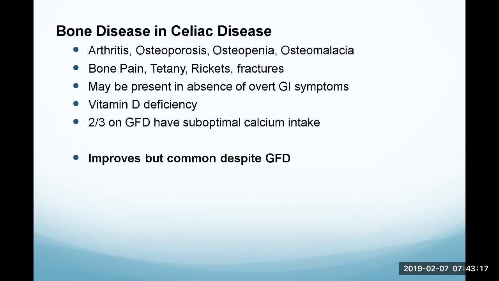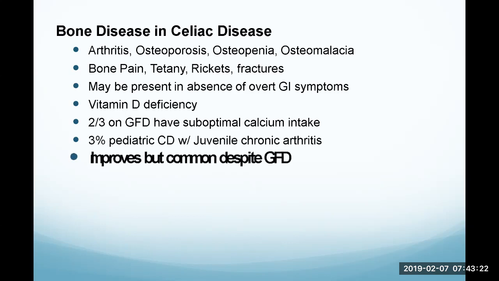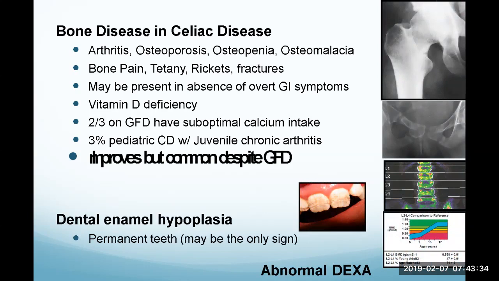Commonly secondary to vitamin D deficiency and suboptimal calcium intake, but we also should know that around 3% of these celiac disease patients have juvenile chronic arthritis. The majority of these bone issues improve, do not resolve, but improve with a gluten-free diet. Dental enamel hypoplasia generally occurs in permanent teeth and may be the only sign of celiac disease.